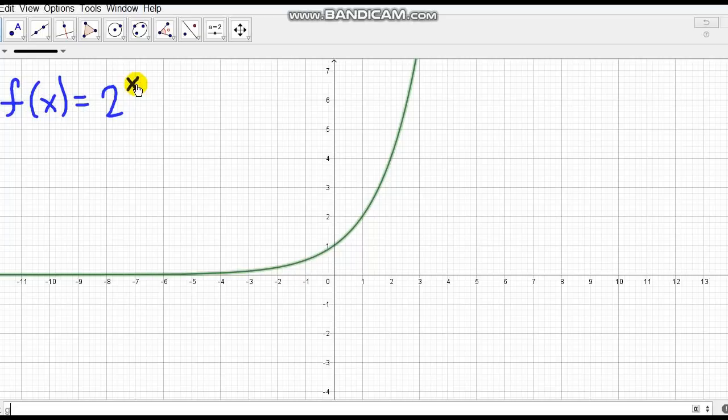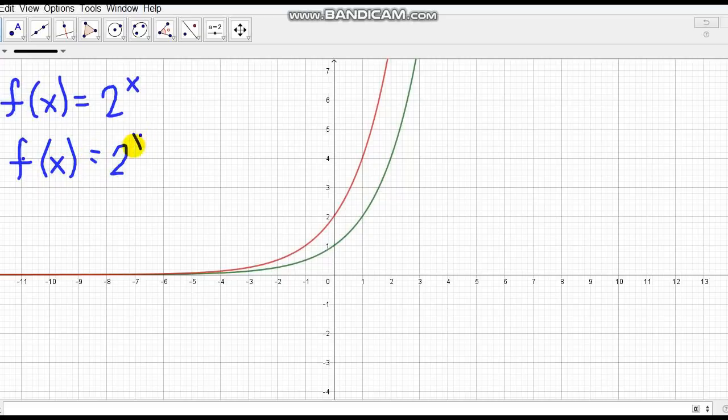Let's have another function, f of x is equal to 2 raised to x plus 1. Remember that this one is our original f of x, and this is the new one, 2 raised to x plus 1.